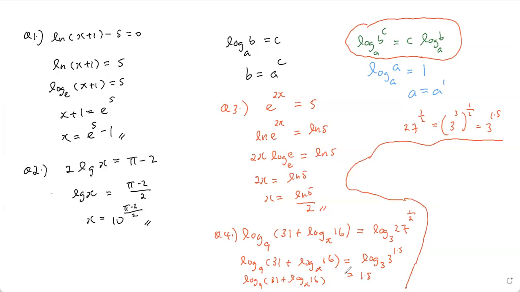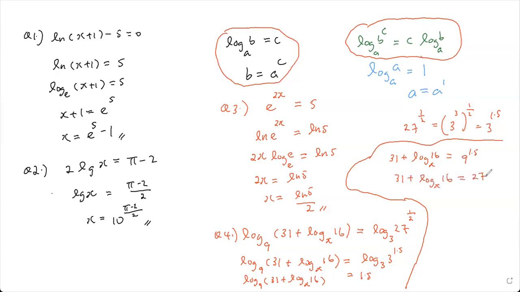How do we continue? Using the first rule, the rule that we talked about in the beginning, 31 plus log base x of 16 is equal to 9 to the power of 1.5. 9 to the power of 1.5 is equal to 3 to the power of 3, which is 27.